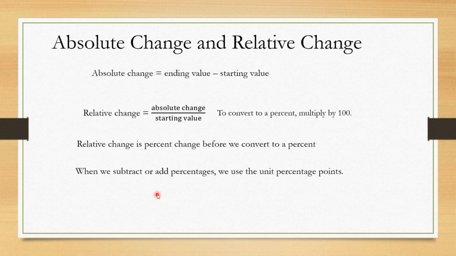And then you can consider what's called the relative change. This is the absolute change divided by the starting value. And now, if you want to make this into a percent, you have to multiply by 100. So essentially, relative change is percent change before you convert it to a percent.